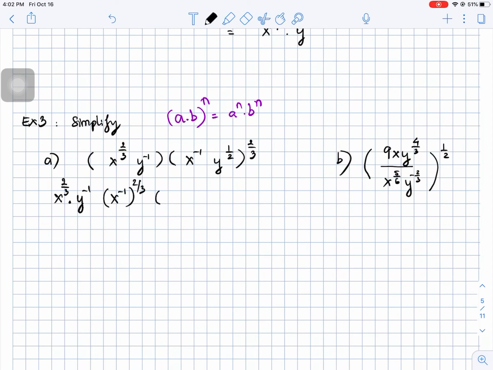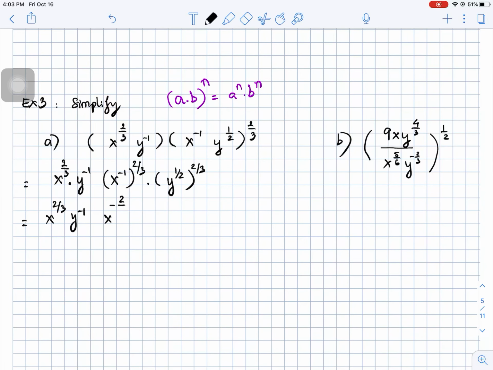I will use the product to the power rule, number 6, laws of exponent. So a times b to the n is equal to a to the n times b to the n. Then x to the negative 1 to the 2/3 times y to the 1/2 to the 2/3.